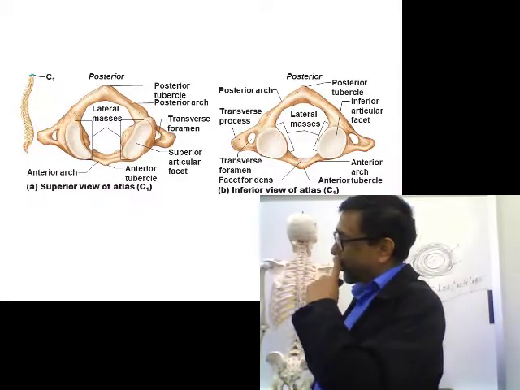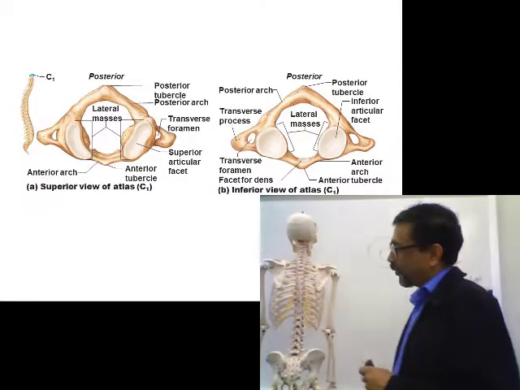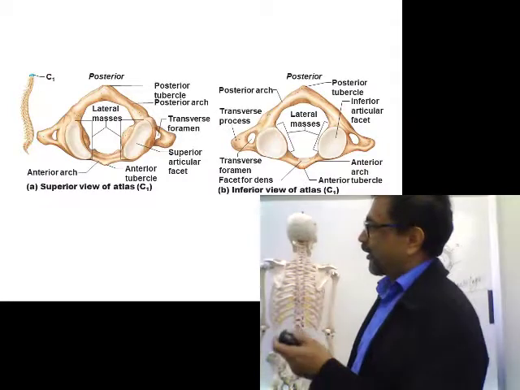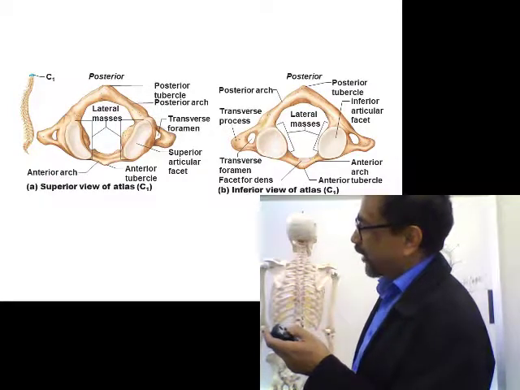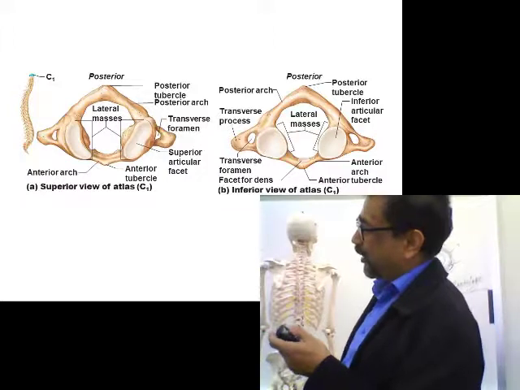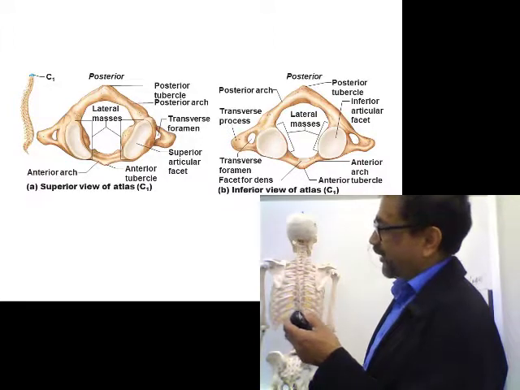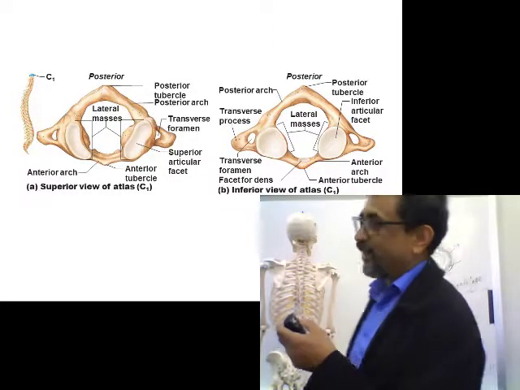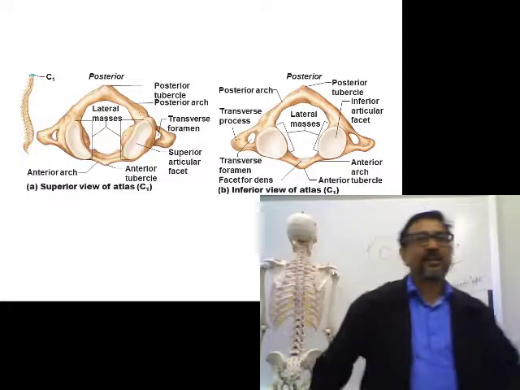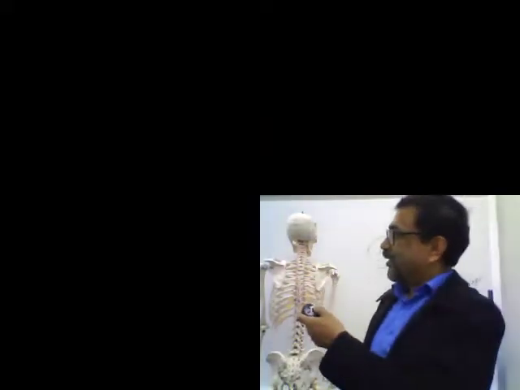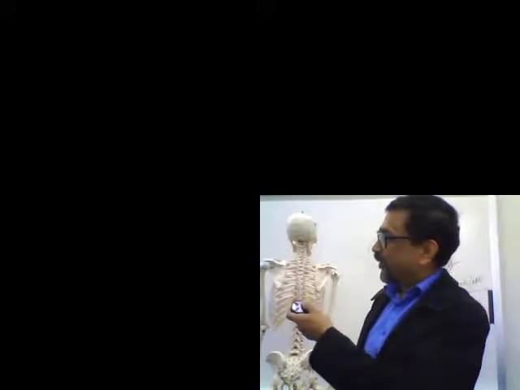Another thing, just notice, I'll talk about this later. You see, in the anterior arch, on the inner side of the anterior arch, you have a facet for dens. That means this part gets attached to the dens. So we'll see what the dens is. If you see C2, you see here, this is C2.